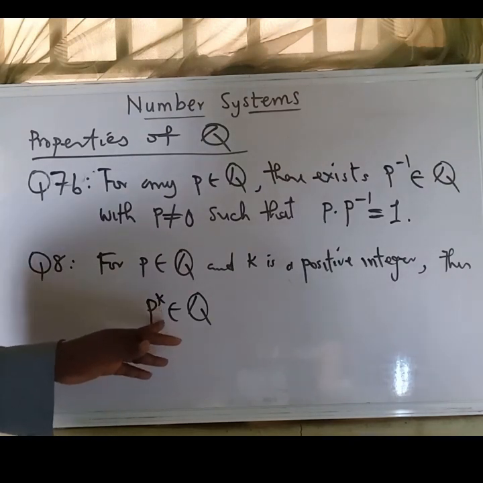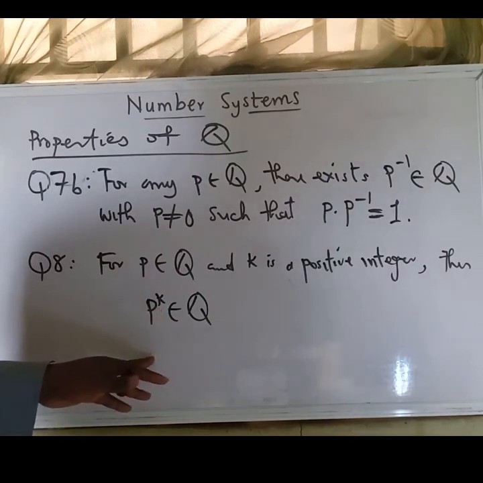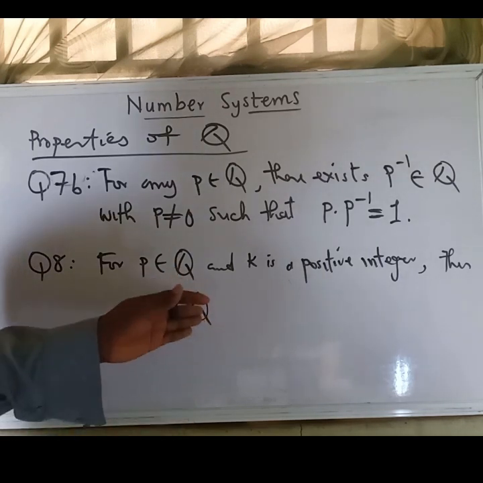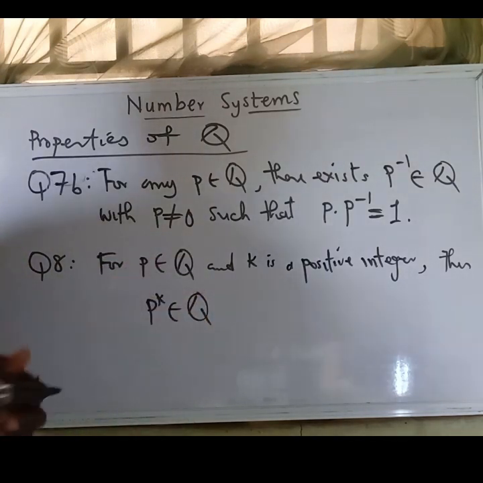However, if this K is 0, of course, this follows the normal law, which is P raised to power 0 is 1. 1 is also an element here.